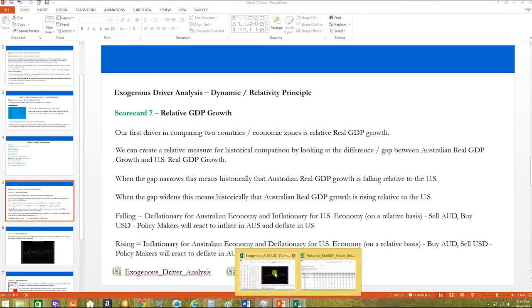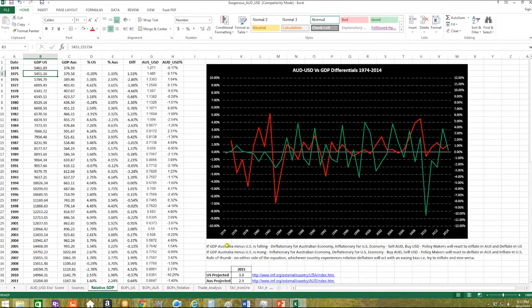The first one we're going to go to is our exogenous analysis for Australian dollar, US dollar. So exogenous analysis, Aussie dollar, US dollar. And the file that we're in here is the relative GDP file.